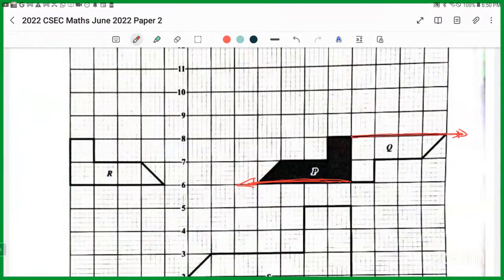So we know that the thing turned around, it's a 180-degree turn. Whether that be clockwise or anti-clockwise, it's a 180-degree turn. How do I know it's not a reflection? Because in a reflection, orientation would be reversed.